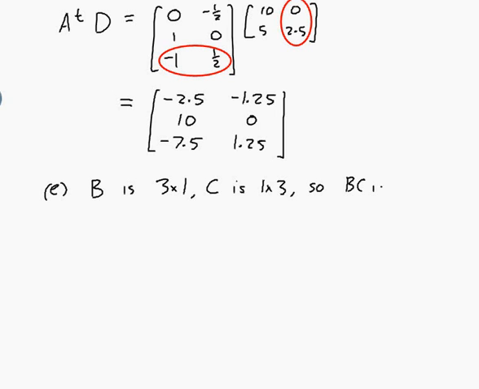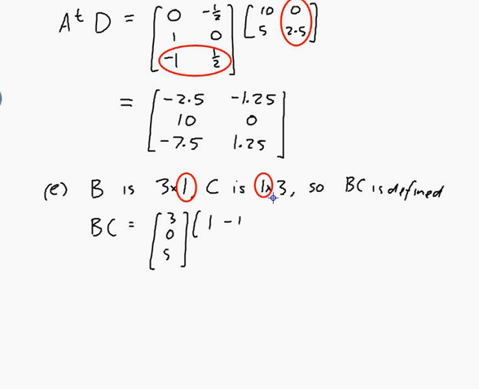So BC is defined because the middle two numbers are both 1 and they match, so the multiplication is defined. So let's see, BC is equal to 3, 0, 5, 1, minus 1, 1. And the answer is going to come out to a 3 by 3 matrix because we have 3 here and 3 here, and that's what the answer is going to come out as.